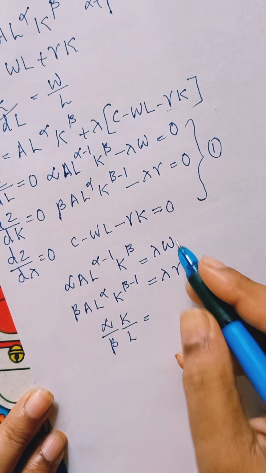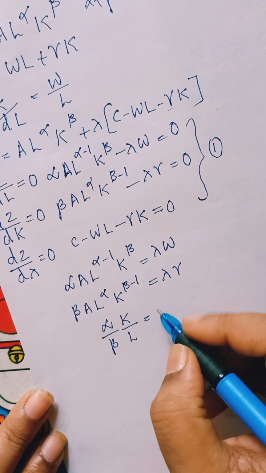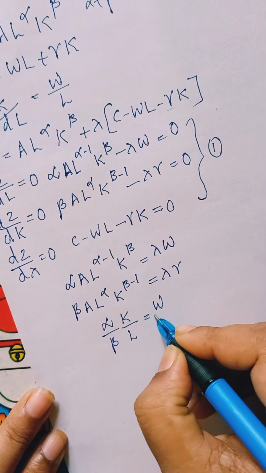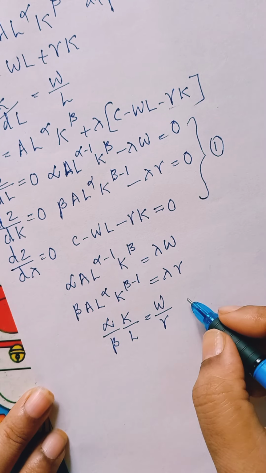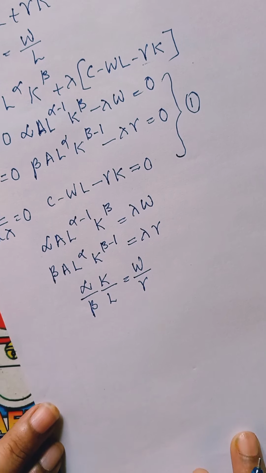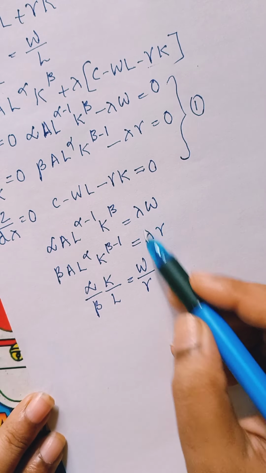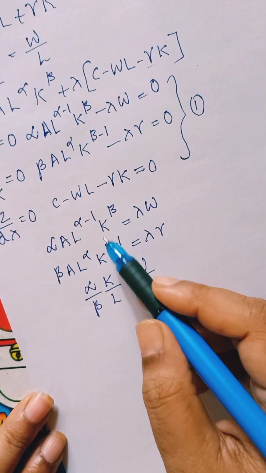is equal to, here also lambda and lambda vanished. Then what is remaining is w by r, and this is the portion that is remaining. This is obtained by dividing these two equations.